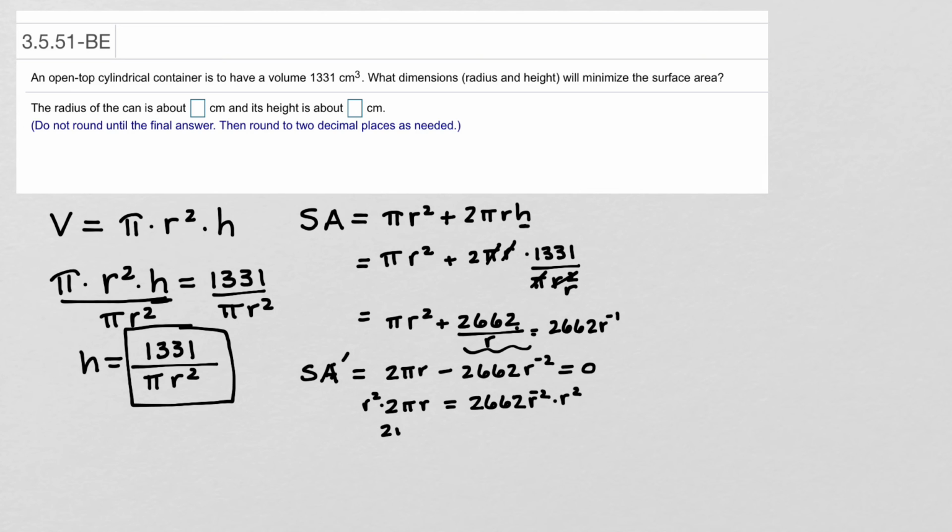So now I have 2 pi r cubed equals 2662. And I'll divide both sides by 2 pi. And r cubed then equals 1331 over pi, and r is the cube root of that.